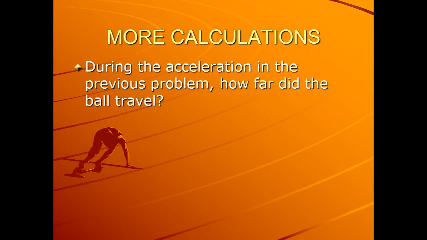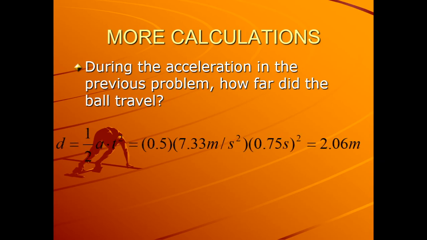Now let's do another one. During that acceleration in the previous problem, how far did the ball travel? If we're saying how far, that means we're looking for distance. So you have distance equals 1/2 acceleration times t squared. 1/2 on your calculator is 0.5.